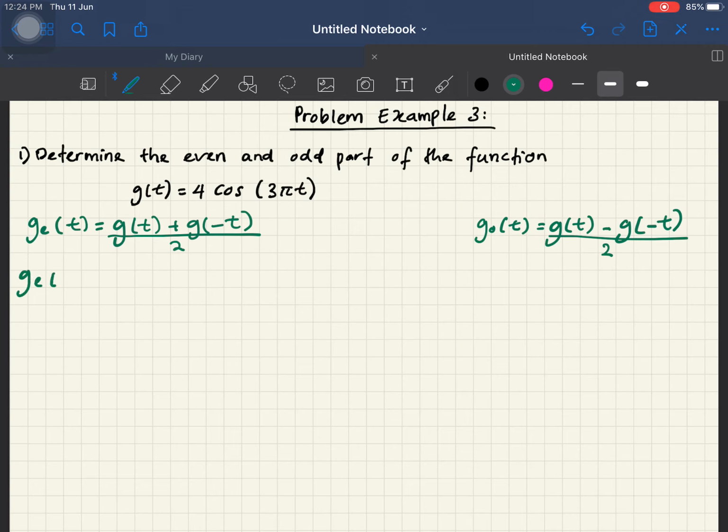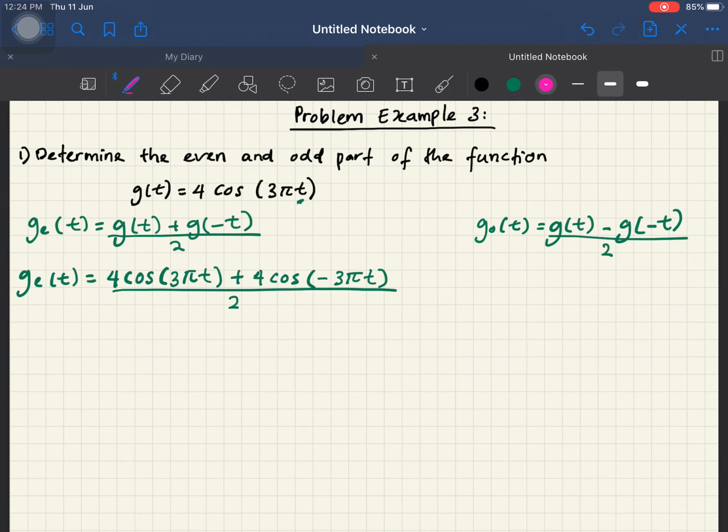If we substitute in this equation, you get g even of t equals 4 cos 3 pi t plus g of minus t, which means you substitute t with minus t, so you will have 4 cos of minus 3 pi t, divided by 2.